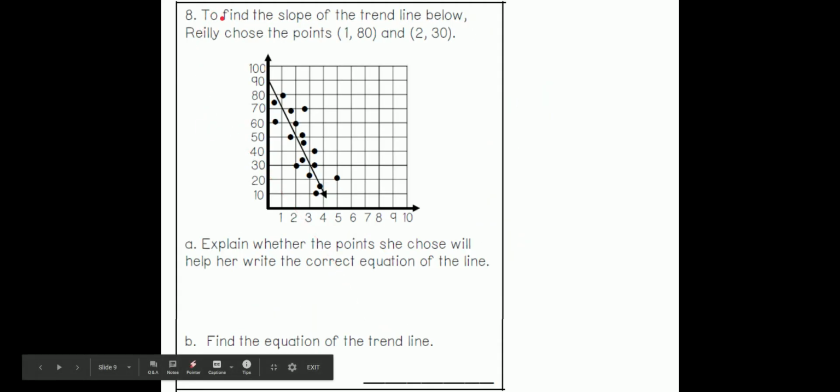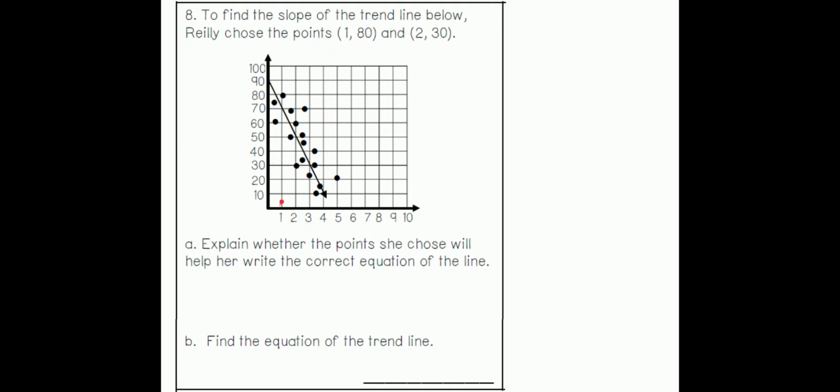Next, to find the slope of the trend line below, Riley chose the points 180 and 230. So she chose 180, which is right there, and 2 and 30, which is right over here. Explain whether the points she chose will help her write the correct equation for the line.